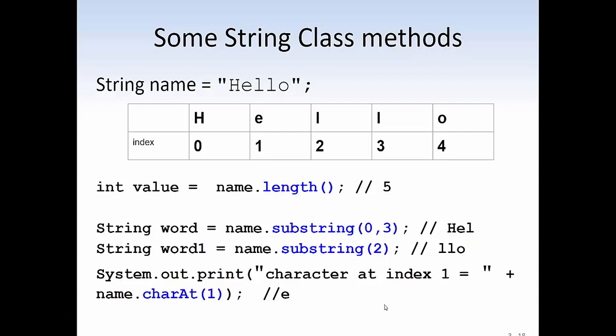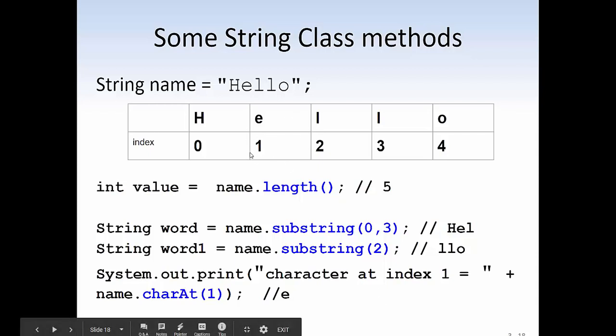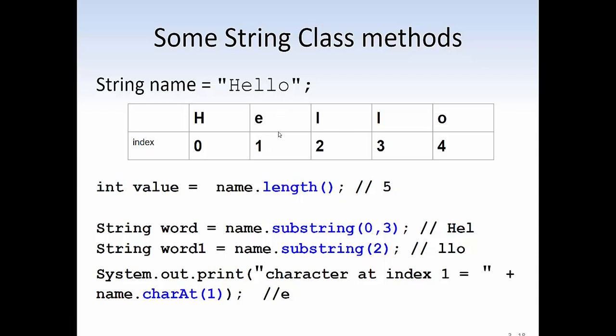And if you just wanted to return the letter at this index, the starting index would be 1 for your substring up to, but not including 2. So that would be 1 comma 2 would return an E as a string. And sometimes that's a little more straightforward.